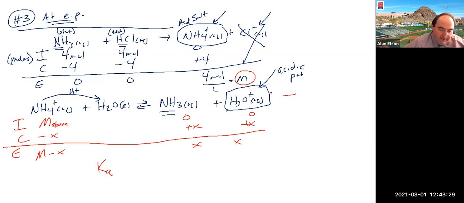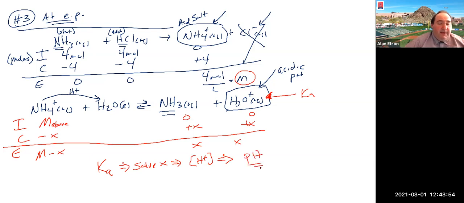Also, why it's important to write these right, because that should tell you you need a Ka value. Again, you probably have a Kb value at this point, so you need to do some kind of changing of that. The Ka value will allow you to solve for x in this case. And when you do, that will be your H plus concentration, which means you could go directly into the pH at that point and get the pH.